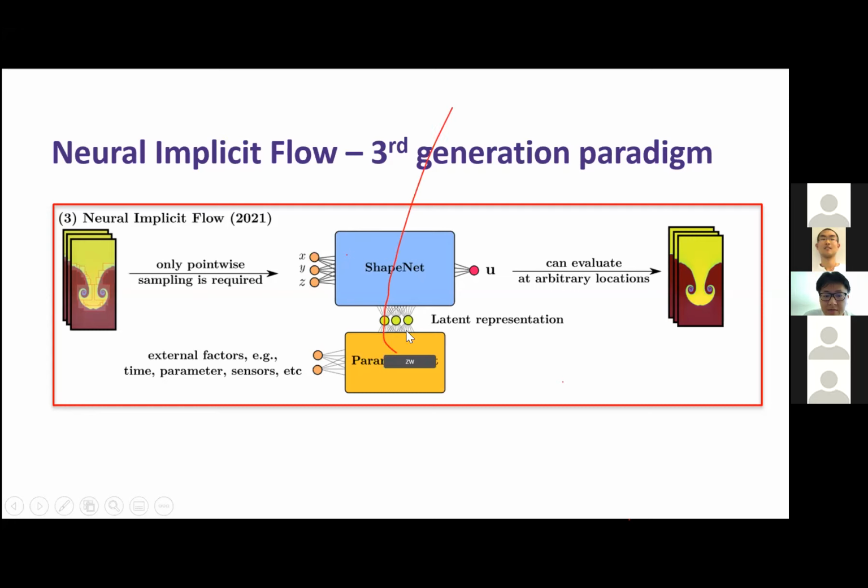Then you're probably going to have a linear map from 3 to 6,000. And then the output is, at this XYZ and at this external parameter, for example, time, the value of U.